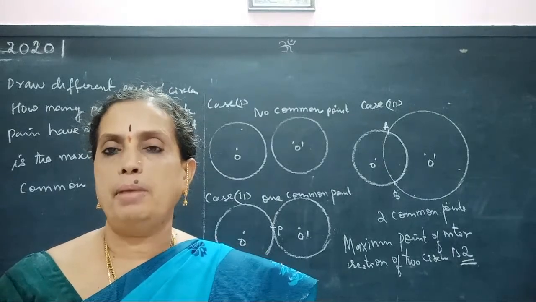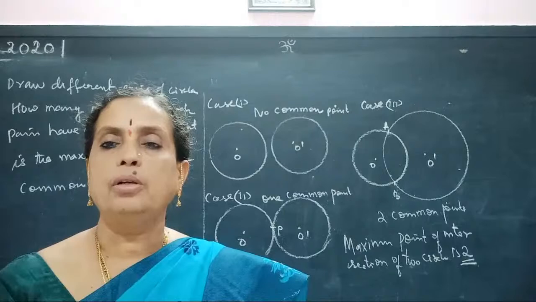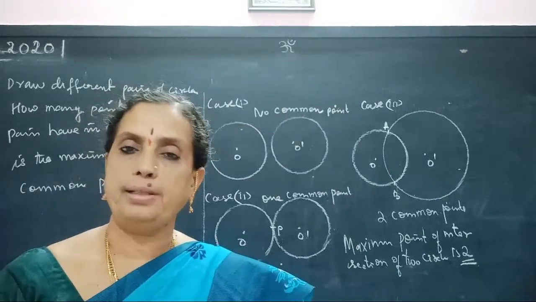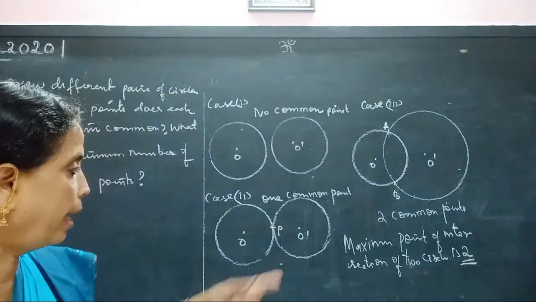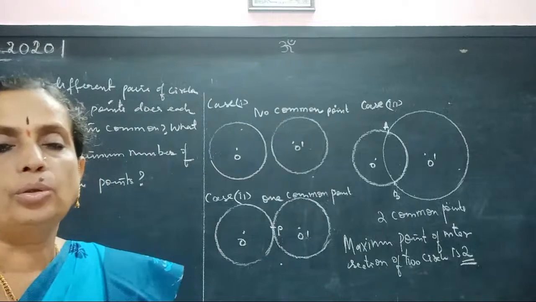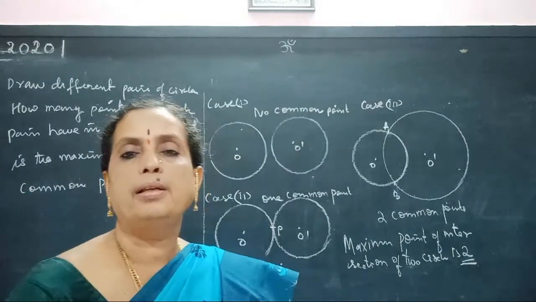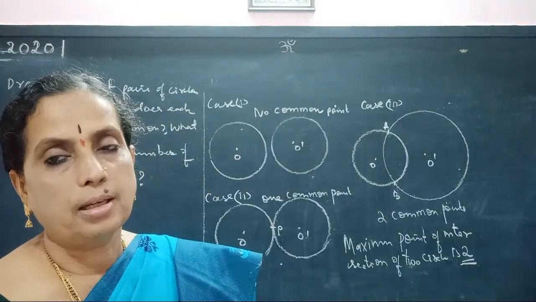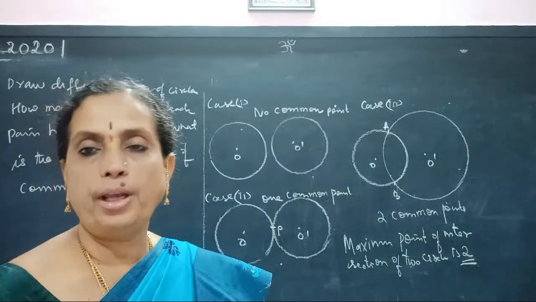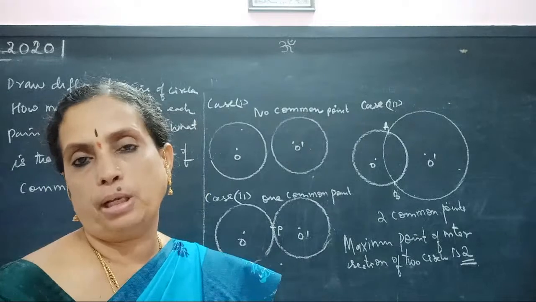A pair of circles may have no common point, 1 point of intersection, or 2 points of intersection, but the maximum number of points of intersection is 2 only. Do you agree with this? I am showing how it could be possible.